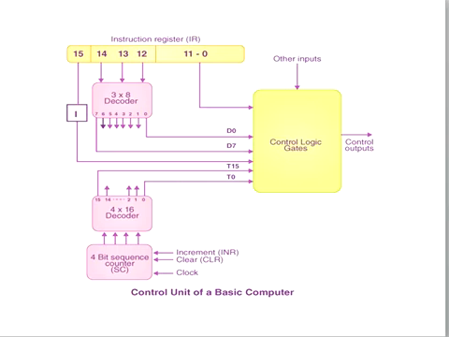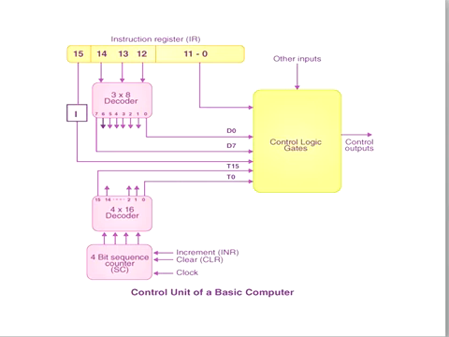All these outputs are passed as input to the control logic gates. The first signal is T0, the second signal is T1, then T2 and so on up to T15. All these timing signals, 0 to 15, are passed as inputs to the control logic gates.